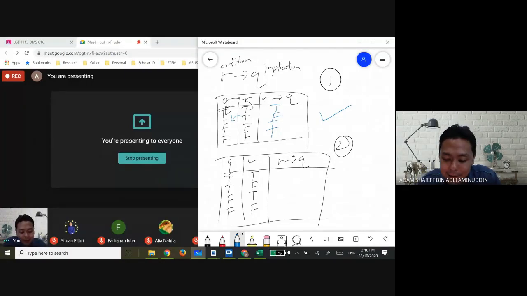Okay. Saya teruskan dekat bawah ni, R implies Q. Sama juga. Kali ni saya susun, saya sengaja bagi kamu pening. Ialah you need to read from the right to left.